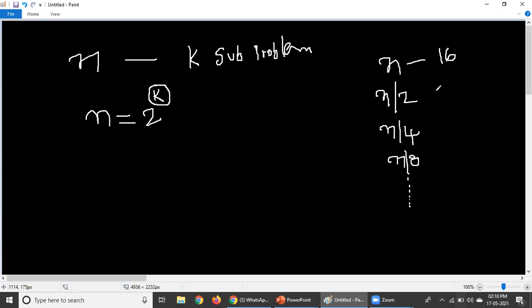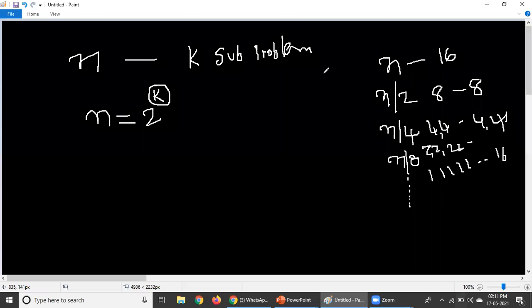In the first case, it could be divided into 8 elements and another 8 elements, followed by 4 elements, 4 elements, 4 elements, 4 elements, then 2 elements each, and again down to single elements, up to 16 ones. In this way you can divide it.